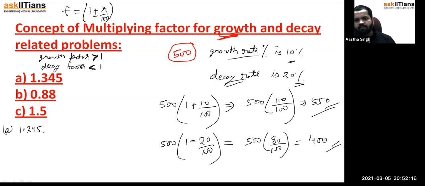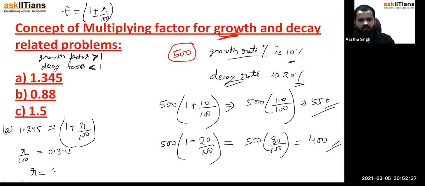So it means it will have growth, which will be equal to 1 plus r upon 100, right? So if we do the calculation, r by 100 will be equal to what? 0.345. So basically your r will be 34.5, right?